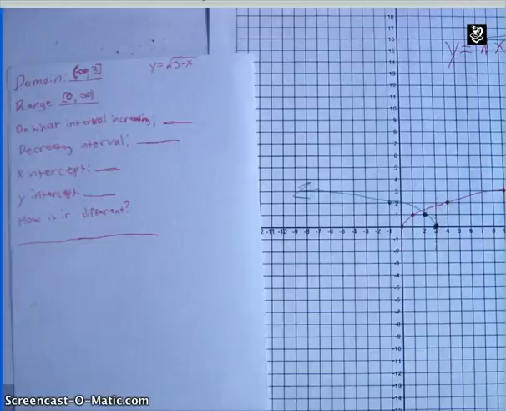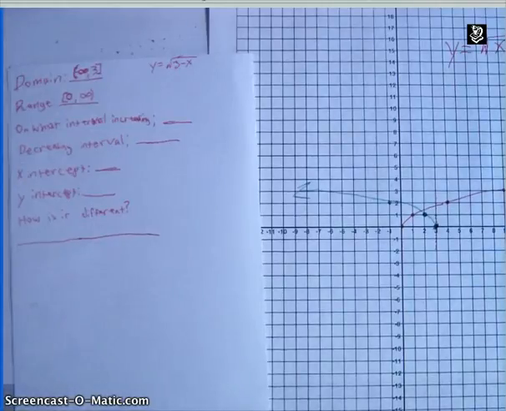Now we need to figure out if it's increasing or decreasing. Notice this one isn't double-sided like when we did absolute value and when we did quadratics. So we look at this one and we notice it can only be either increasing or decreasing. So we can't fill out both of those blanks there. We've got to pick which one.